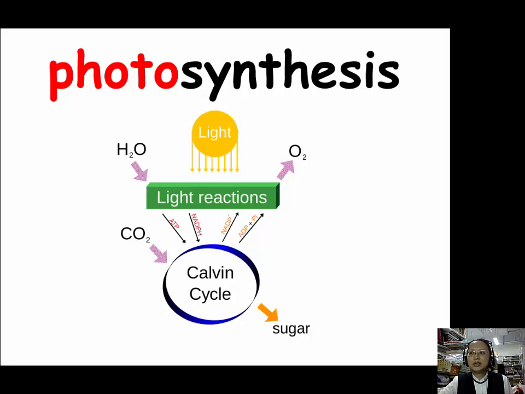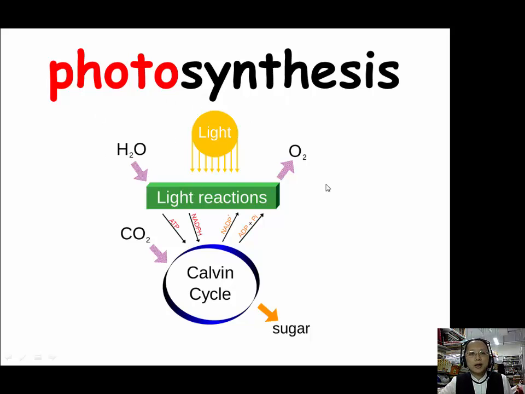And that chemical energy can later be used to fuel the organism's activities. After photosynthesis, the chemical energy is stored in the form of carbohydrates like sucrose or starch. That's why it is named photosynthesis, because photo means light and synthesis means put together.